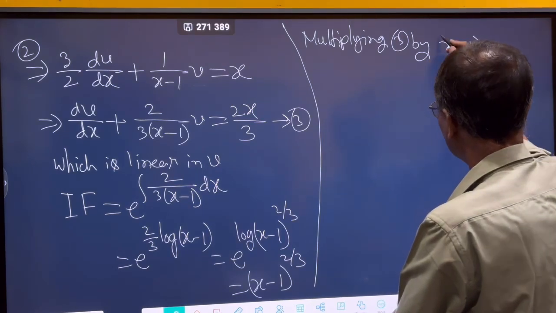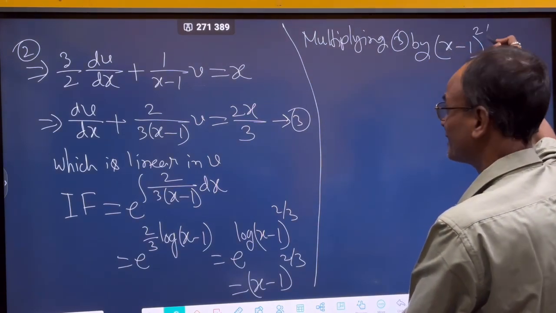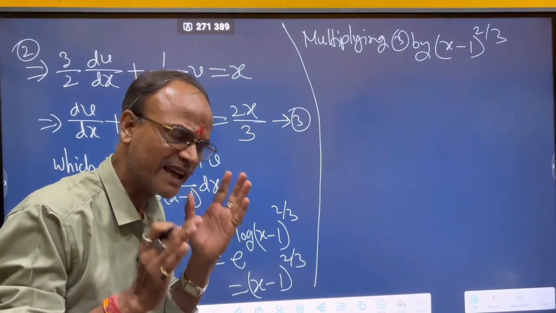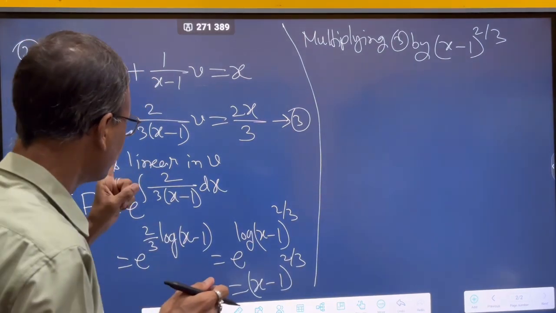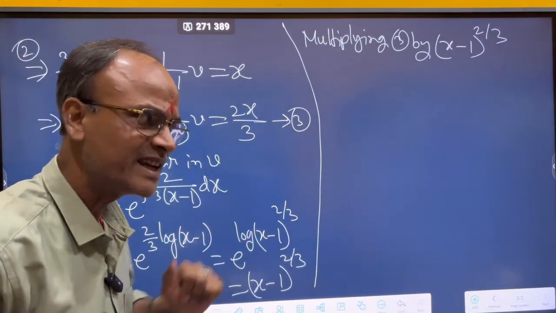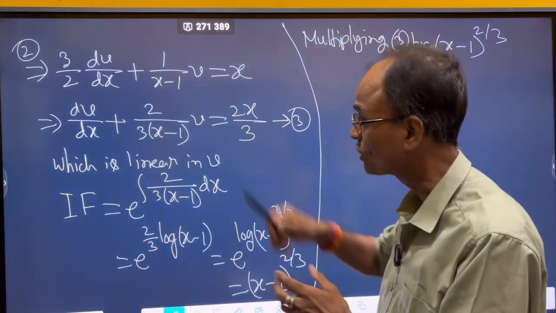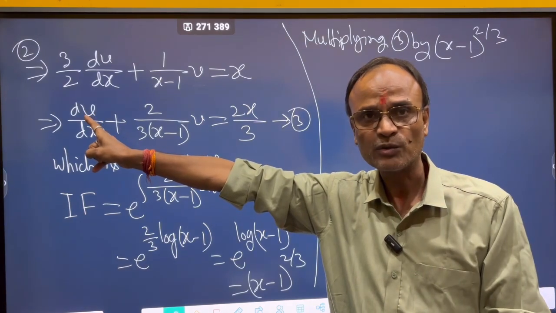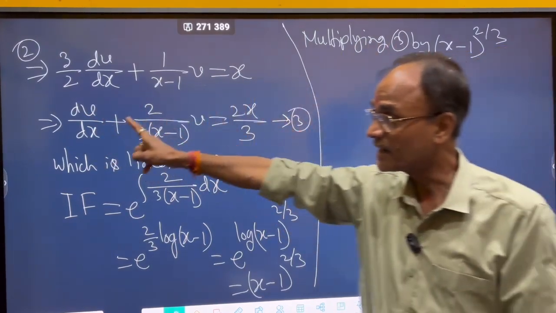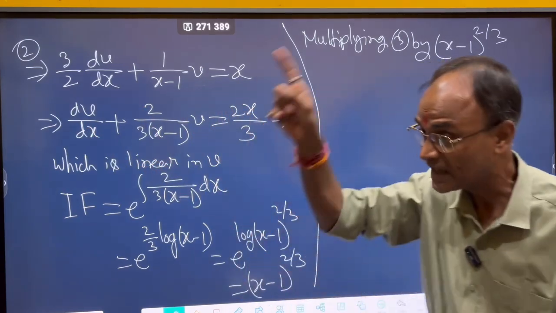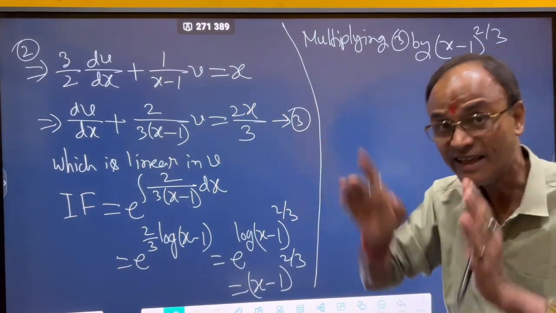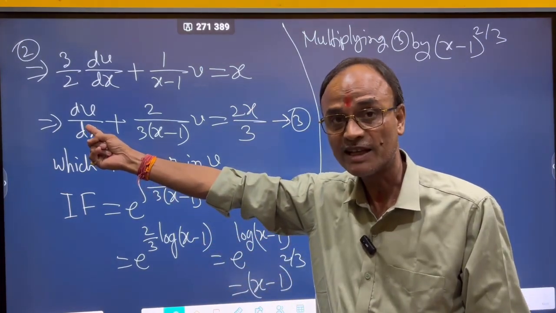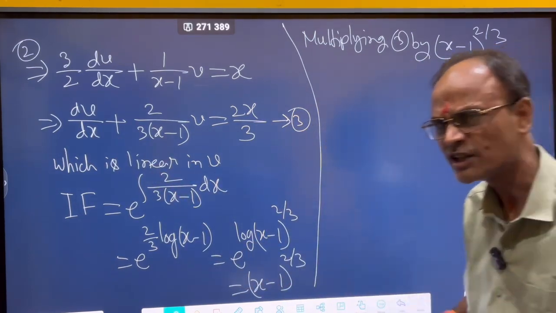You may directly write the solution of 3 as: the integrating factor into the dependent variable v is equal to the integration of the right hand side into the integrating factor with respect to the independent variable x, plus a constant of integration.